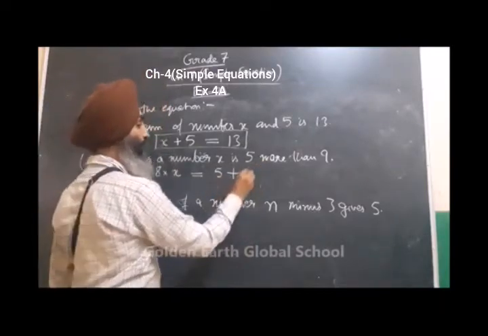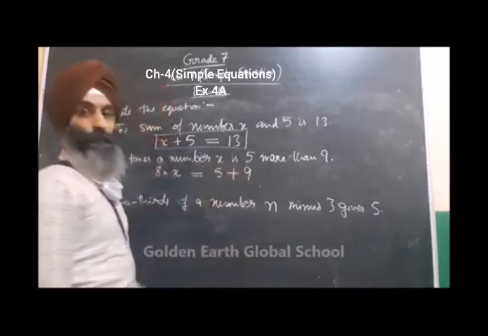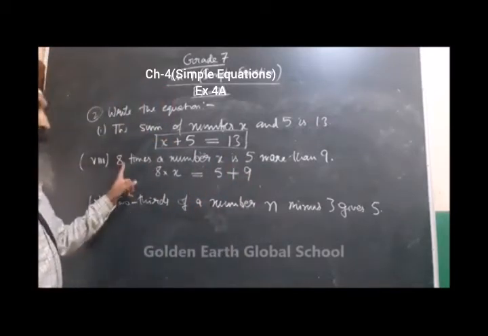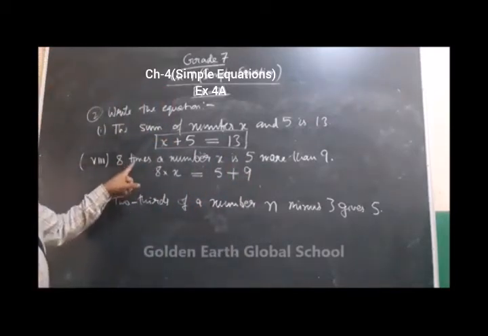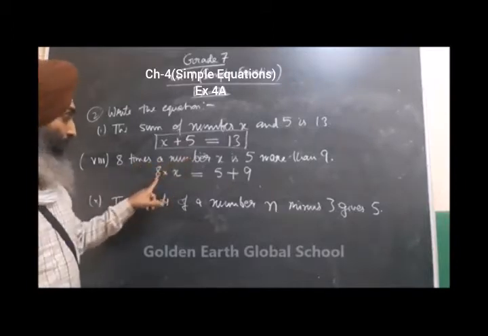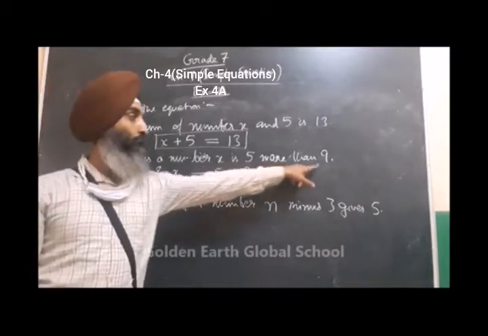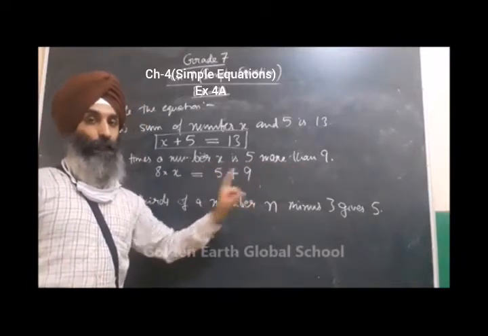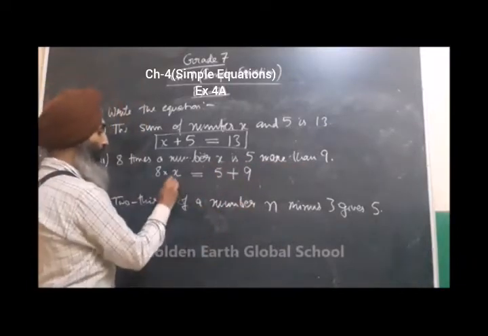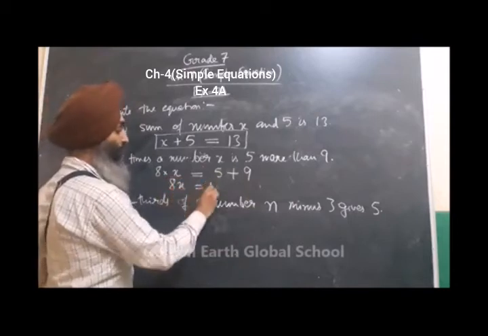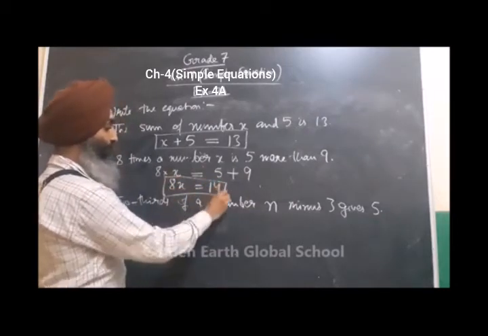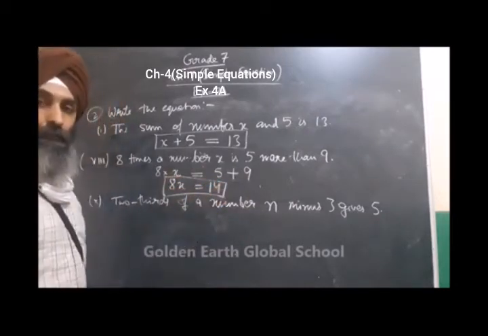Now read the statement again. 8 times a number, it means 8 into x, is 5 more than 9, means 5 plus 9. So you can write 8x is equal to 40. So this is the required equation.